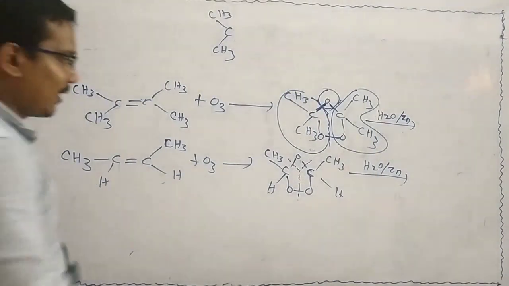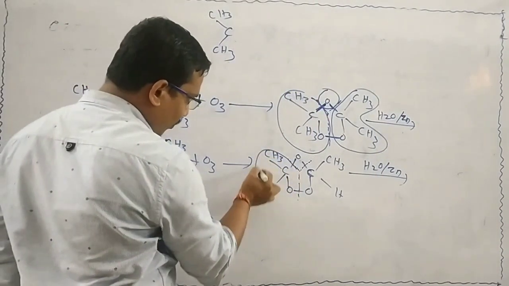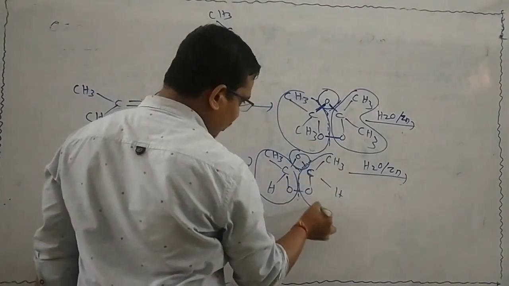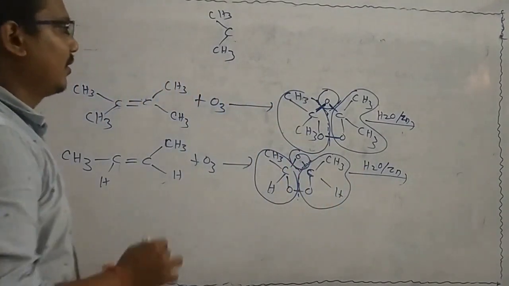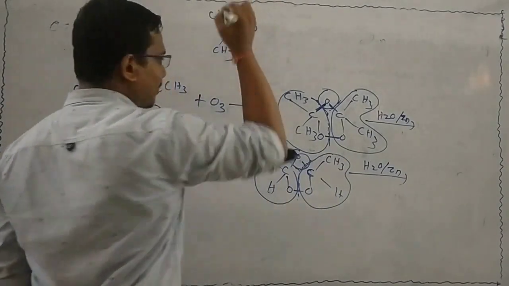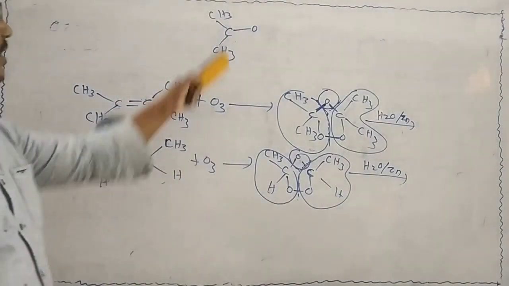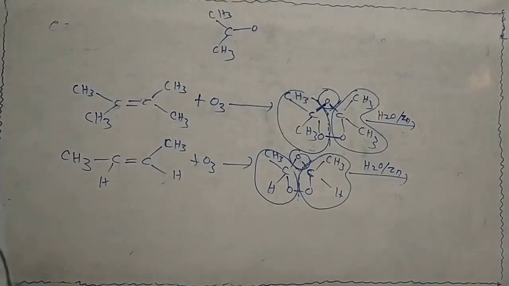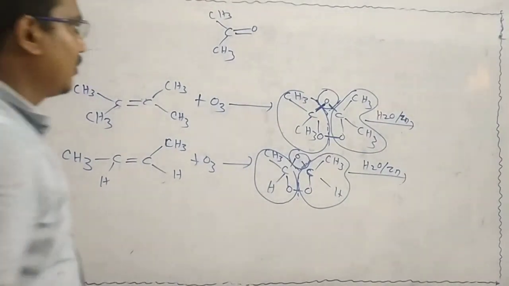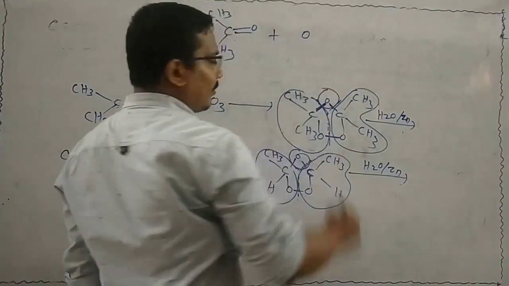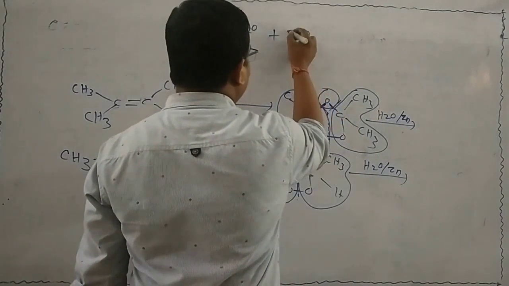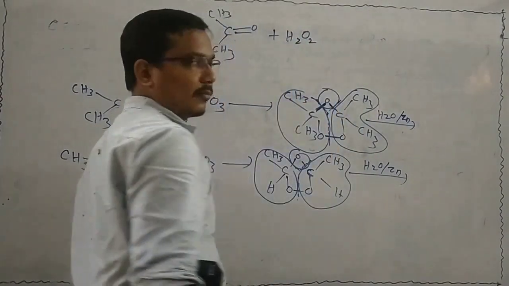Three parts like this. Now I got the first part like this. This is unstable. Make it double. The second part reacts with H2 and gives H2O2.